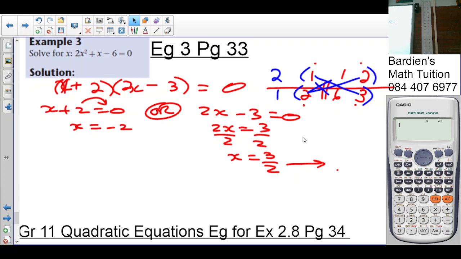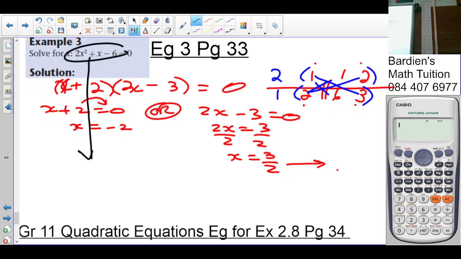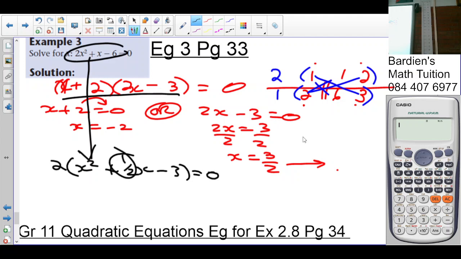Yes, Michael? A common factor, what would you have taken out here? 2. Alright, let's see. So it's 2 times x squared plus 1 over 2 x minus 3. But now if we're going to apply this trinomial factorization, we never work with fractions.